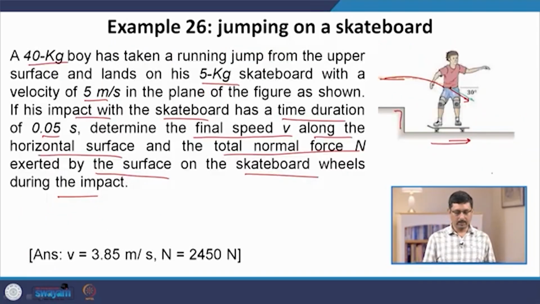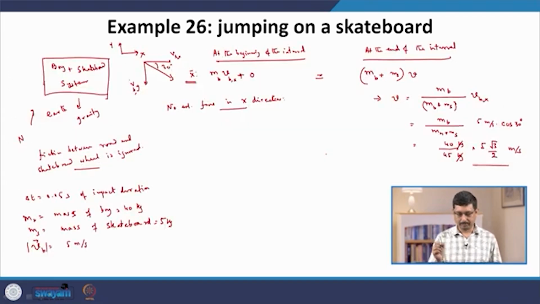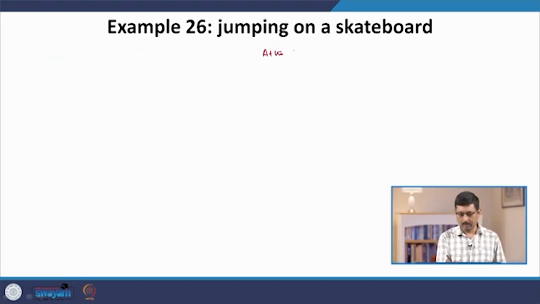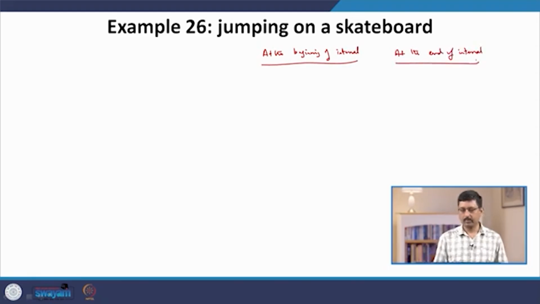Now, the second part of the question asks what is the total normal force N exerted by the surface on the skateboard. For that, let us look at what happens in the y component. Again, the y component at the beginning of the interval, the momentum of the boy in the y direction is m times vy.